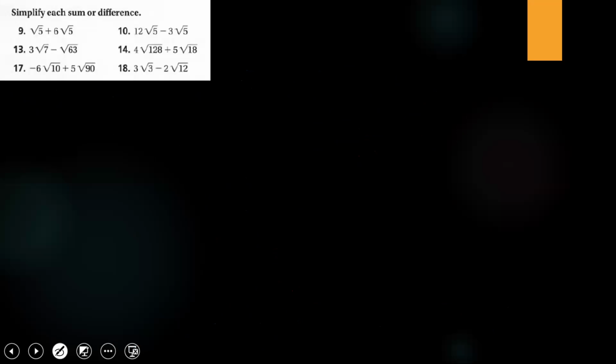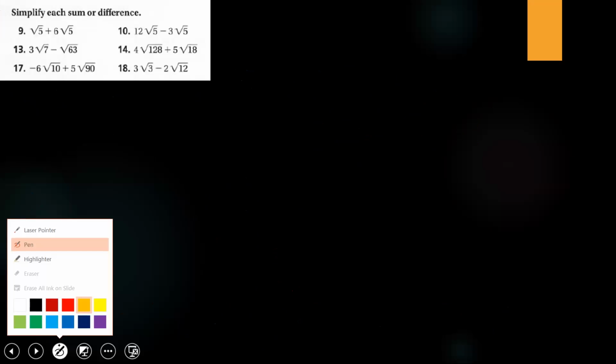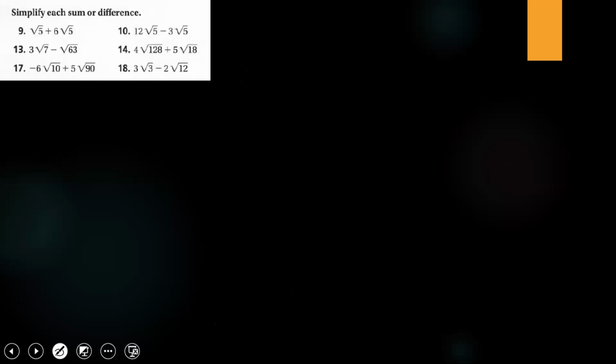Number 9 here: square root of 5 plus 6 square root of 5. Now look at the numbers under the square root. Are they the same?